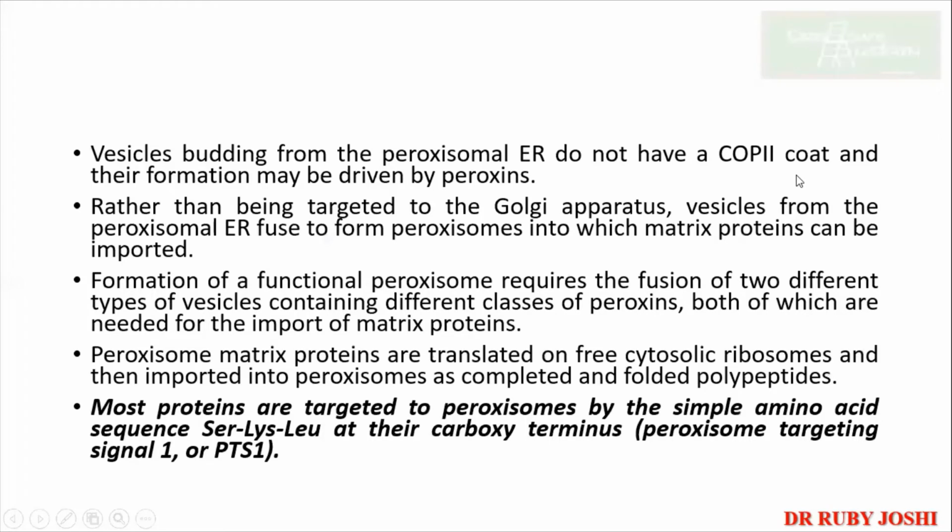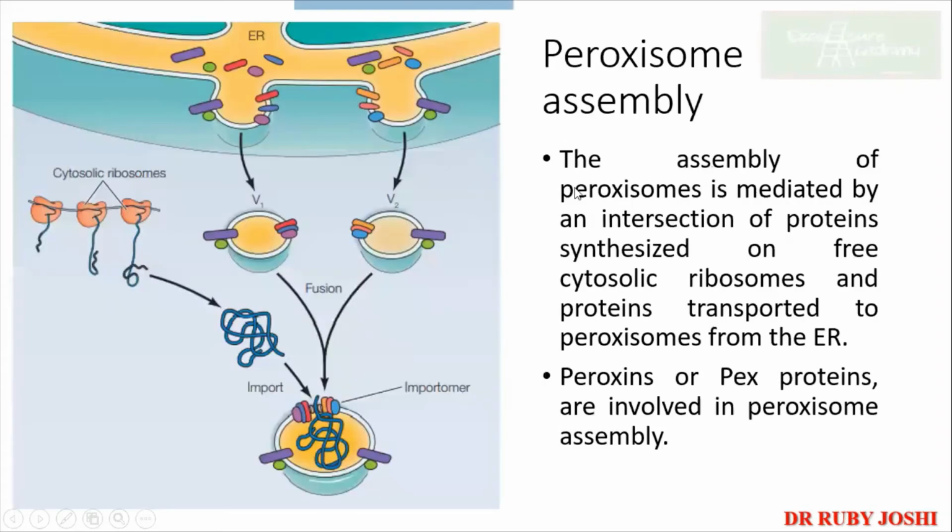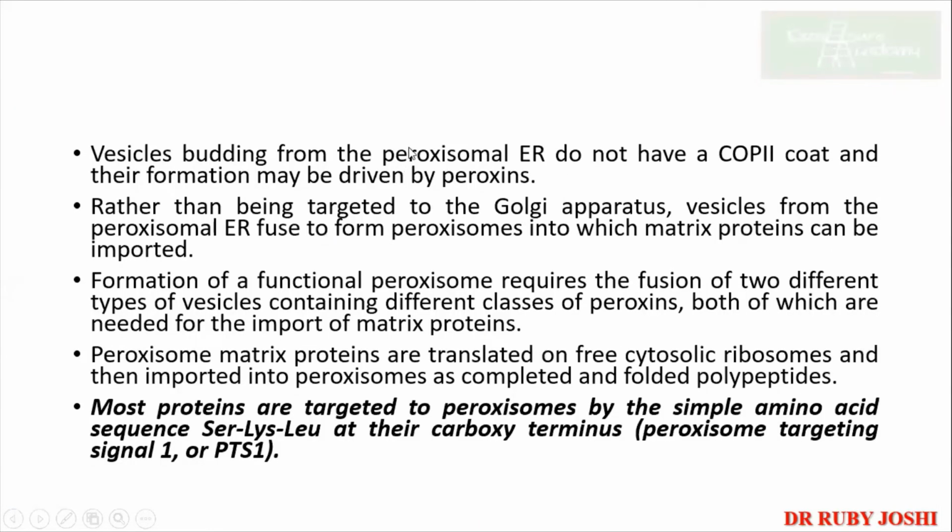But their formation is driven by the peroxins, the peroxisomal proteins, which I have just shown in the figure. So ये आपको guide करते हैं for the formation of the peroxisomes. So rather than being targeted to the Golgi apparatus, vesicles from the peroxisomal ER fuse to form peroxisomes, in which the matrix proteins can be imported later.